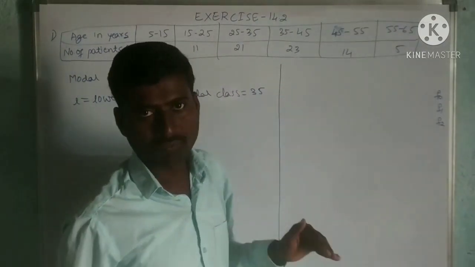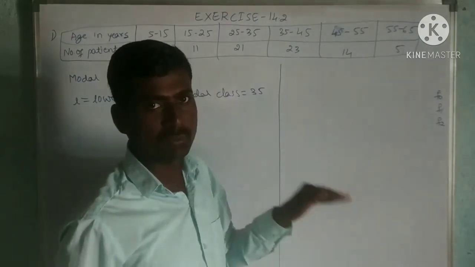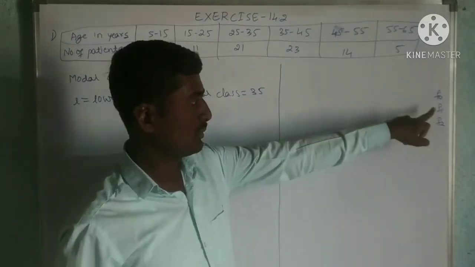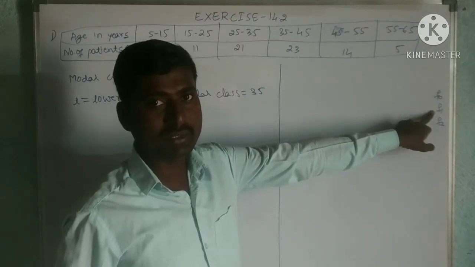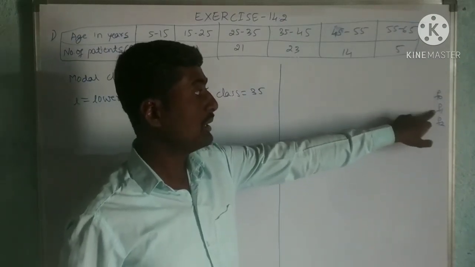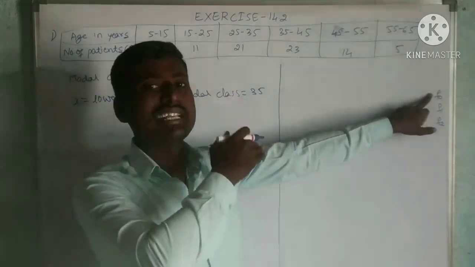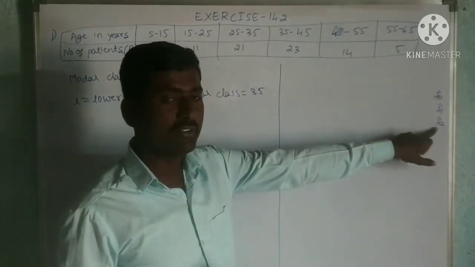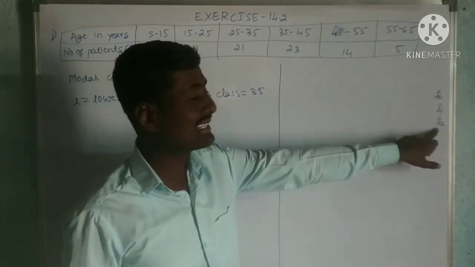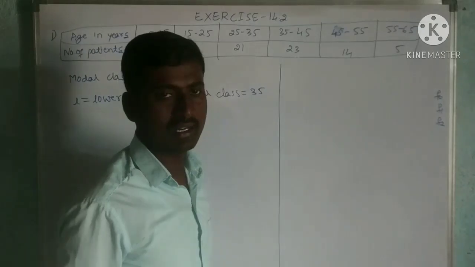The middle one will be the modal class, the frequency of the modal class. F0 will be the frequency of the class preceding the modal class. Then F2 is the frequency of the class succeeding the modal class.